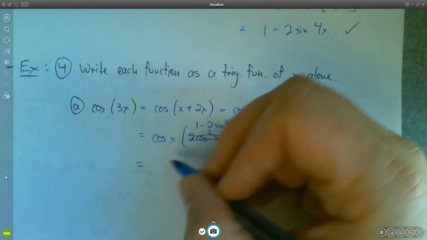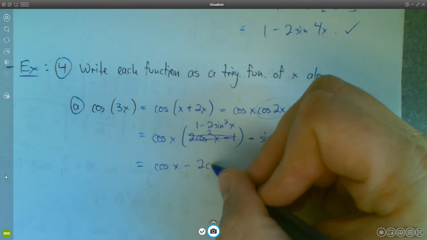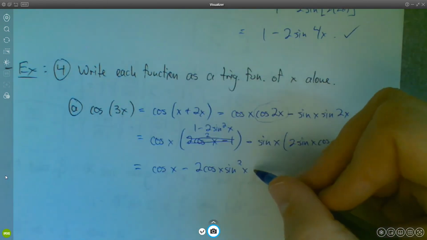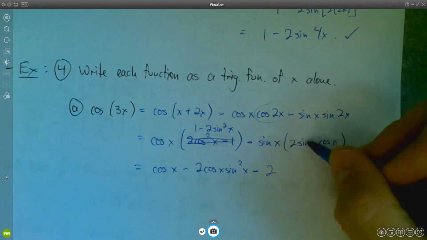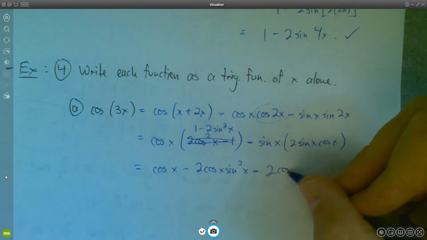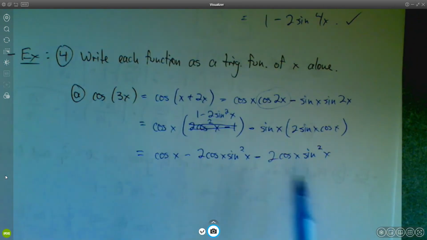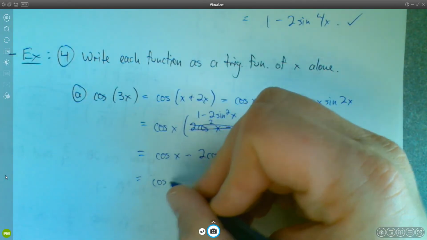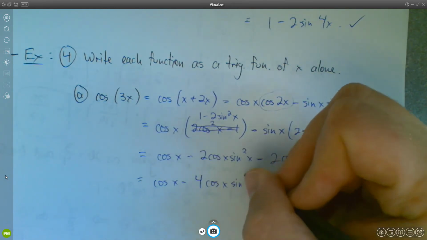We'll see. So I'm going to get cosine x minus 2 cosine x sine squared x minus 2 sine squared x cosine x. I'm just going to rewrite it so it looks the same as the one I just did, because then I can combine those like terms and call it 4, right? Cosine x minus 4 cosine x sine squared x.